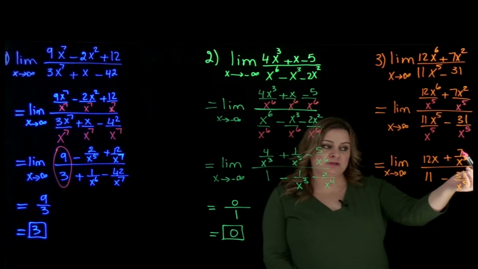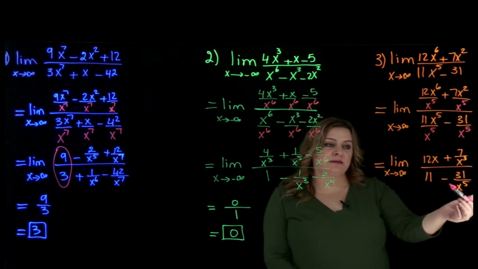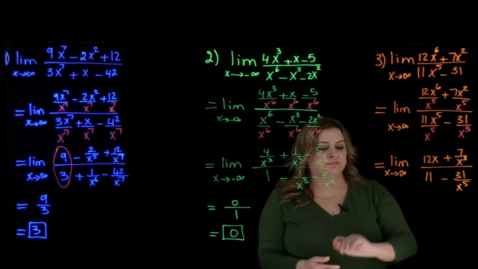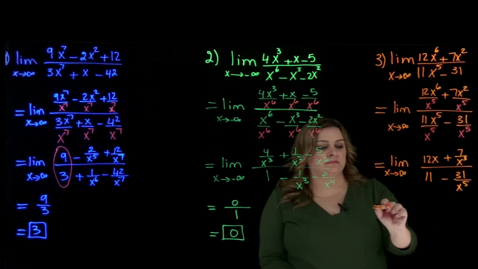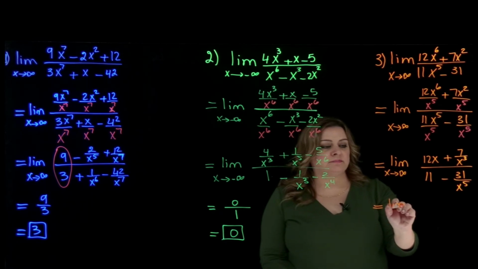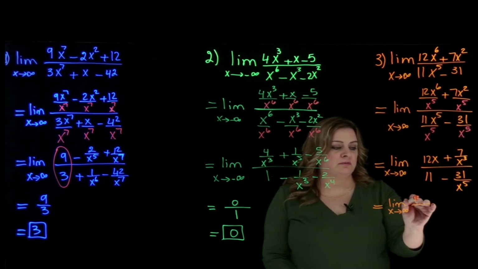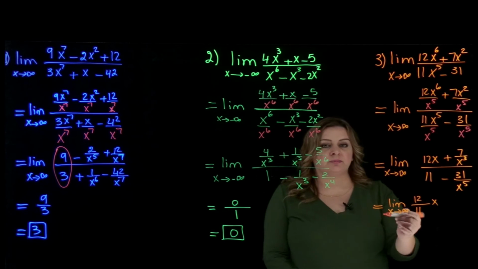So this term will approach 0, and the term in the denominator, negative 31 over x to the 5th, will approach 0. And I'm left with the limit as x approaches infinity of my function 12 over 11x.